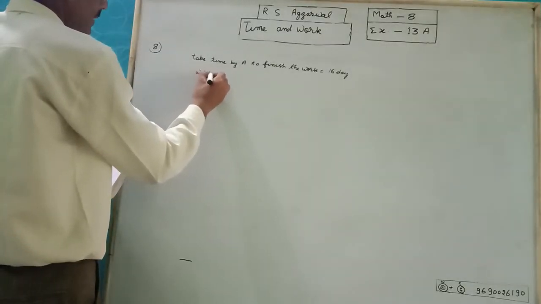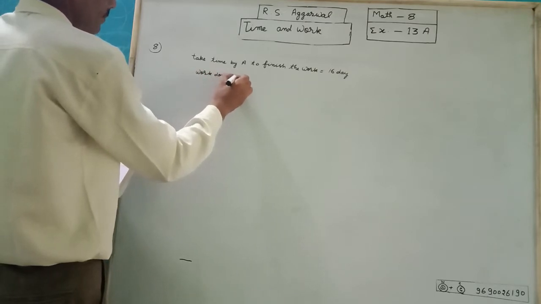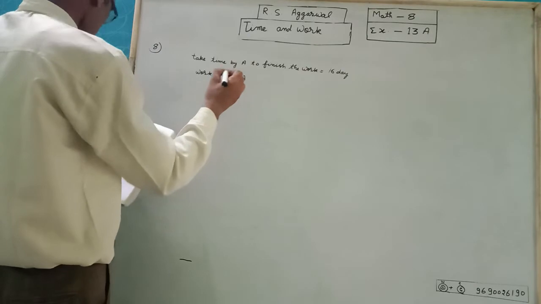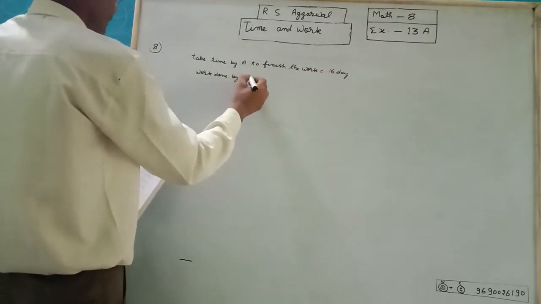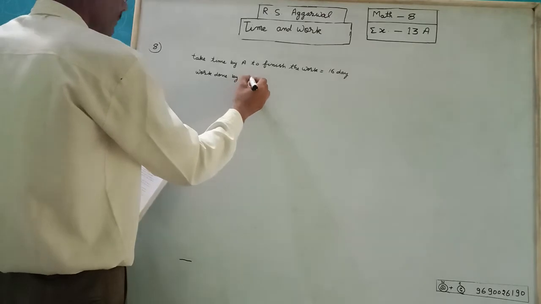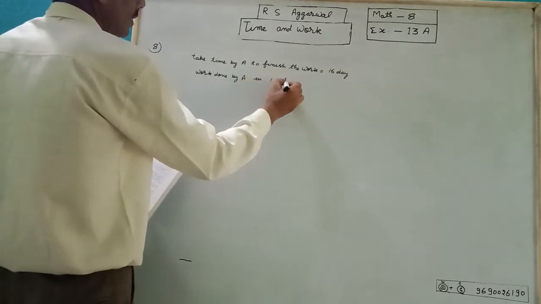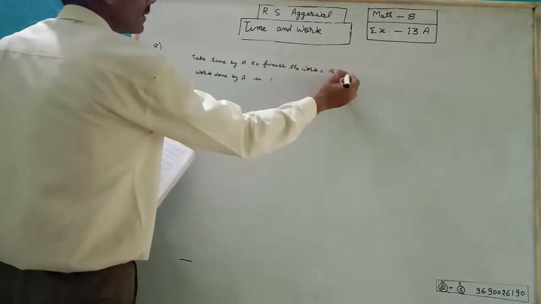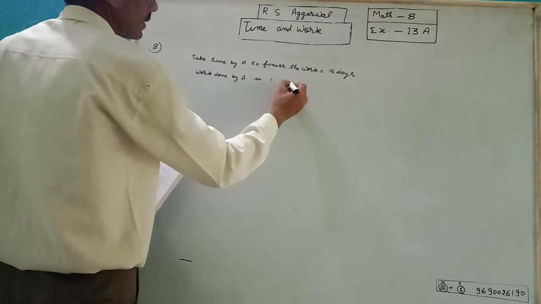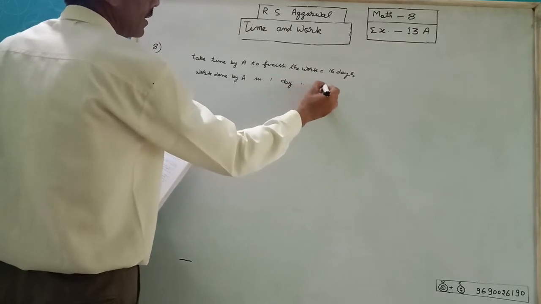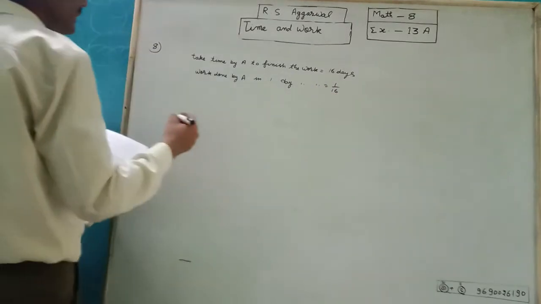Work done by A in 1 day: one day work is equal to 1/16.